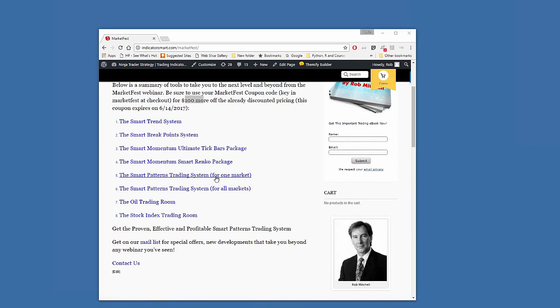Ideally, if you get these, I think there's only one of these that you won't get a month in the trading room. Mostly I think the smart breakpoint system is what we're using in the oil room, so that might be a little more suitable for you. But the whole enchilada, the whole trading system, if it's within the budget for you, I'd suggest doing that.